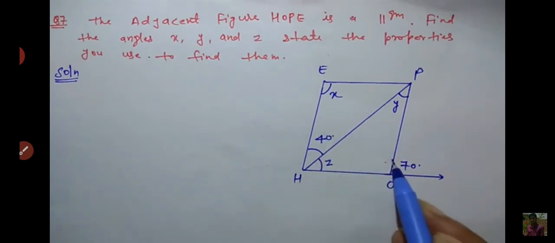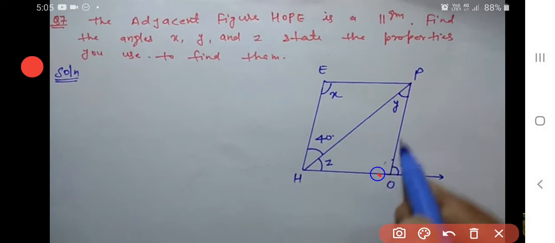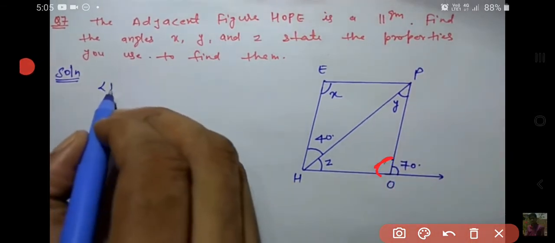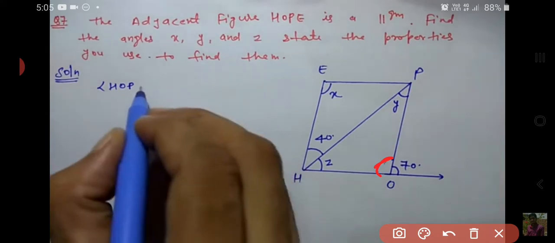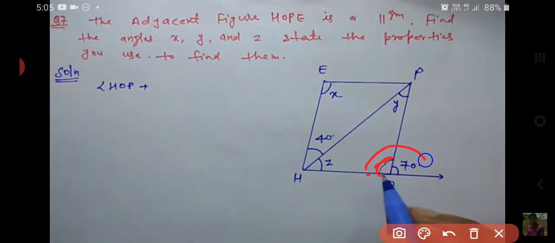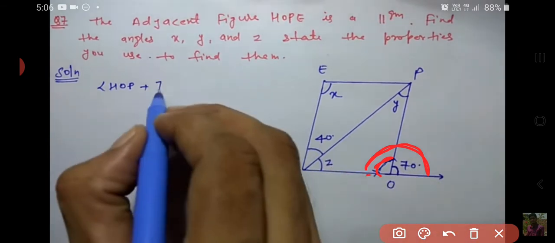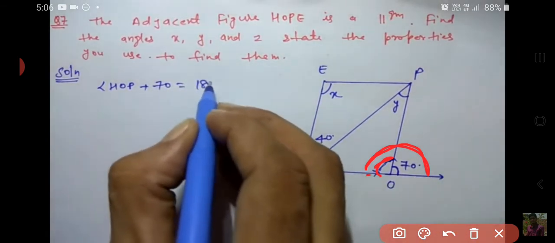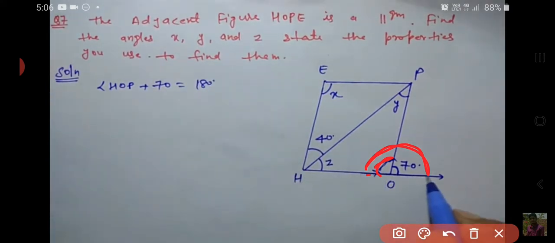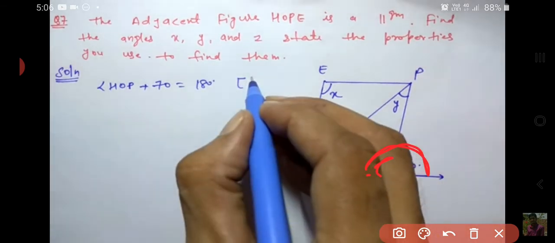Now if you see, this is a linear pair. So 70 plus HOP is equal to 180 degrees, because these are a linear pair. So you can write HOP plus 70 is equal to 180. Why?